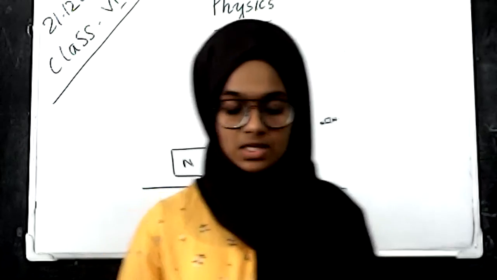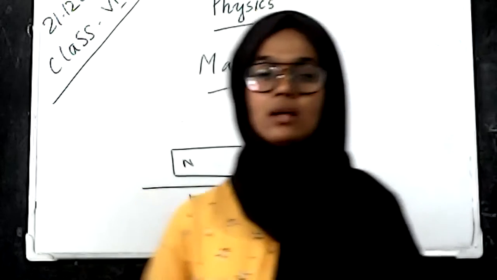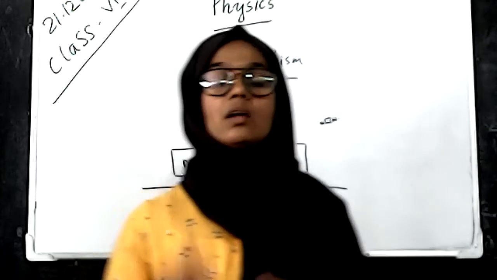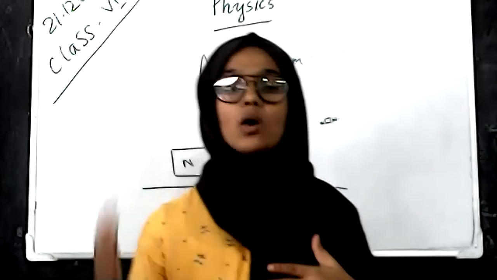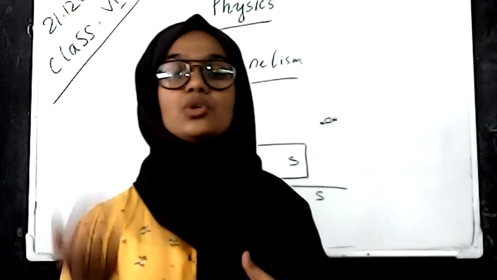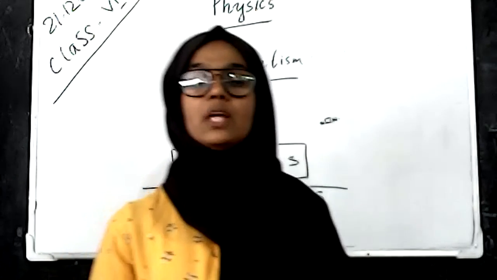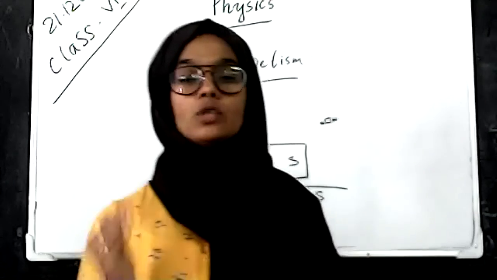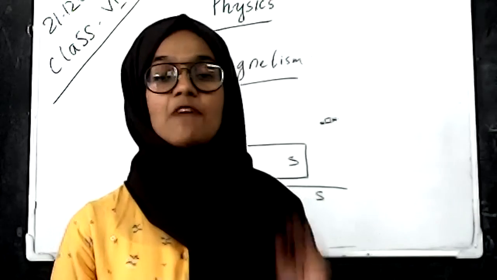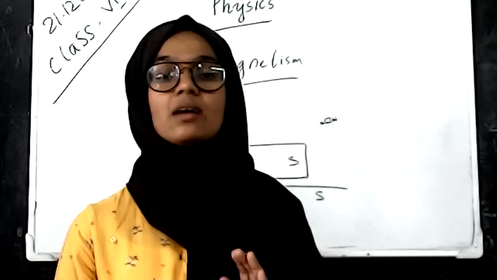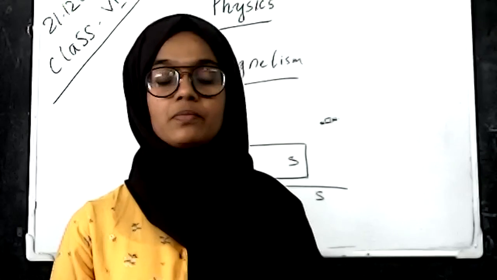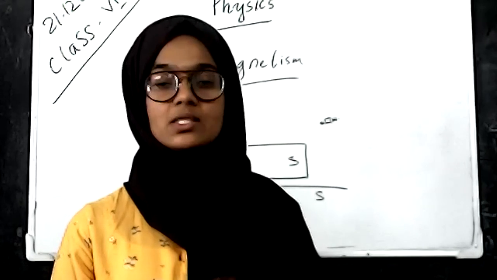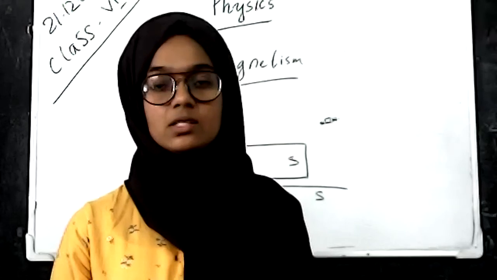And next we are discussing Earth as a magnet. The geographic north pole of Earth is towards the south pole of the magnet, and the geographic south pole of Earth is towards the north pole of a magnet. Every tiny magnet has two poles, south pole and north pole, and no monopole exists in the case of magnets.